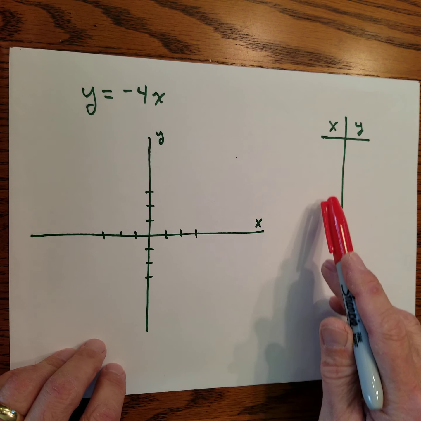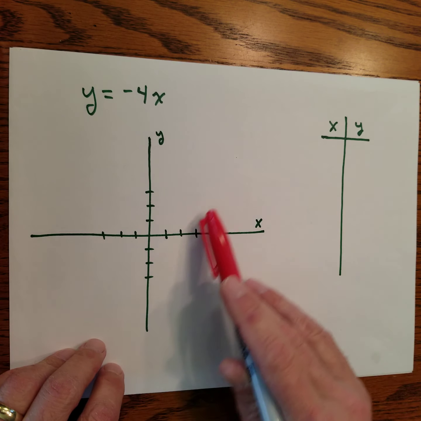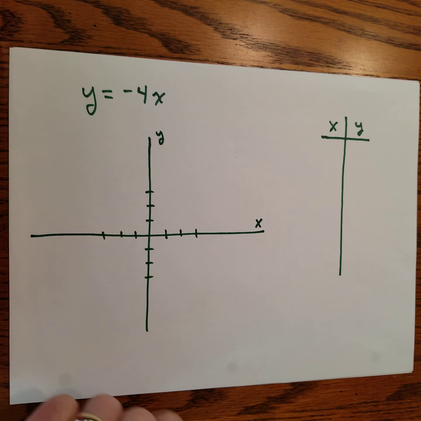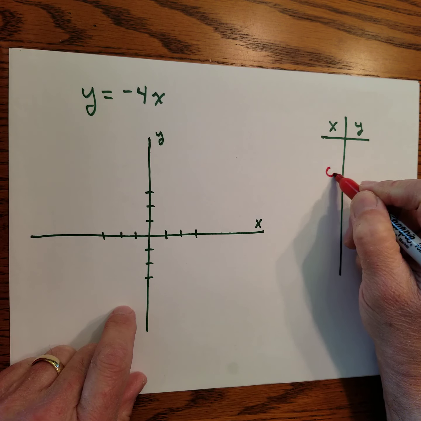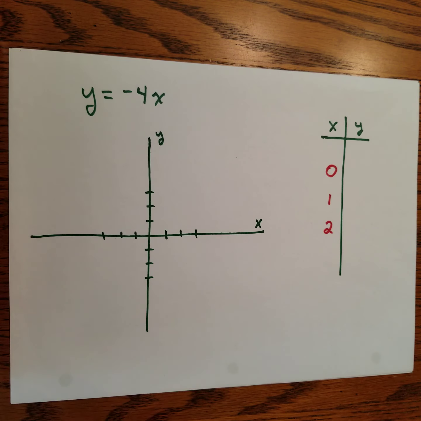By choosing some x values and getting the y values that go with them and plotting them on a graph, we'll be able to see that straight line. Now I can choose any x values I like, but the x values that worked very well last time were 0, 1, and 2. Let's use those values and see if we can see the line.